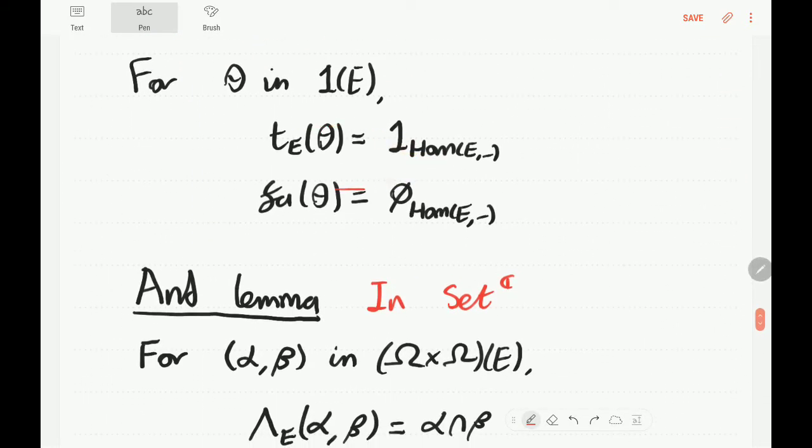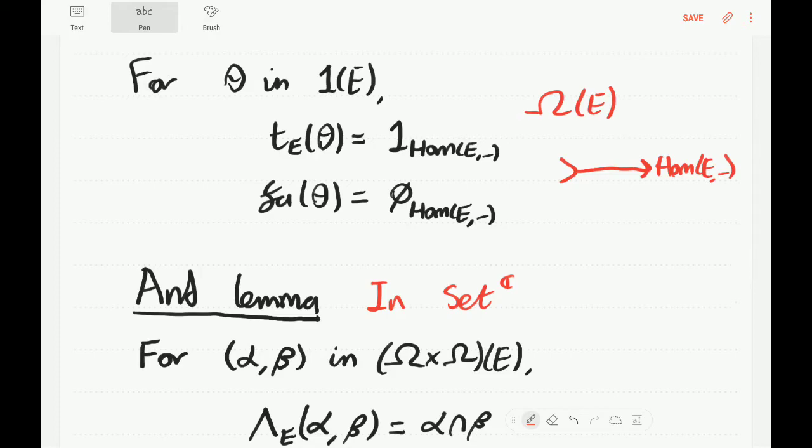Here's some other interesting kinds of observations, and it's kind of intriguing. The way we defined omega of E, we have this funny thing where we're simultaneously thinking of the elements of omega of E just as elements of omega of E, but also as sub-objects of Hom(E, -). Now, notice we don't have to do that.